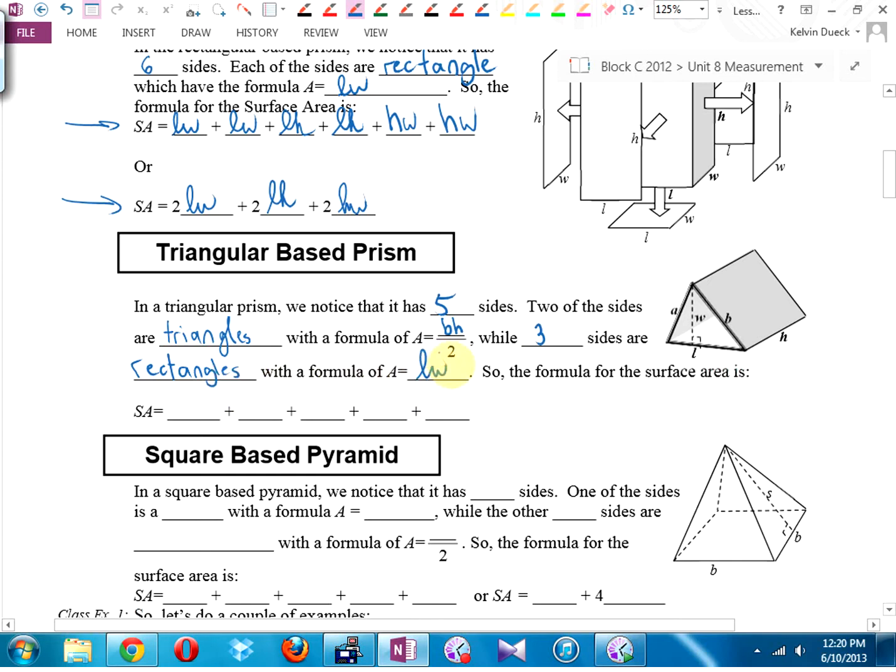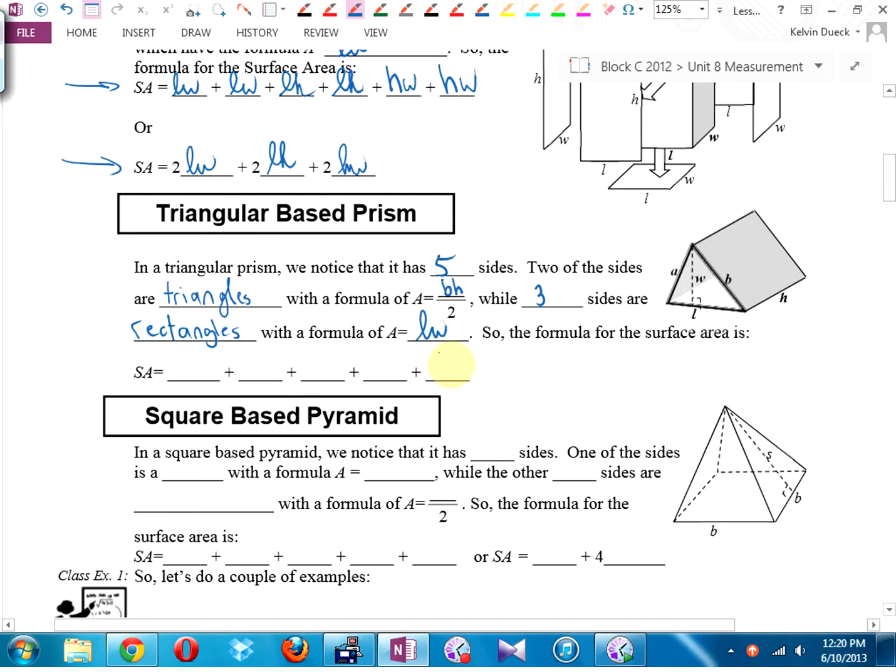So the basic approach, Brody, to any surface area is find the area of each side and add them all up. Oh, and Kira, if you're lucky, you might spot a shortcut, like we did in the previous one where we noticed we had pairs of sides. But when in doubt, Amber, carefully visualize each side, find its area, add them all up, and you'll never go wrong. That's the actual one-size-fits-all surface area equation.